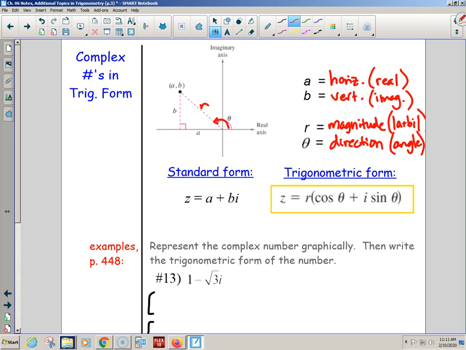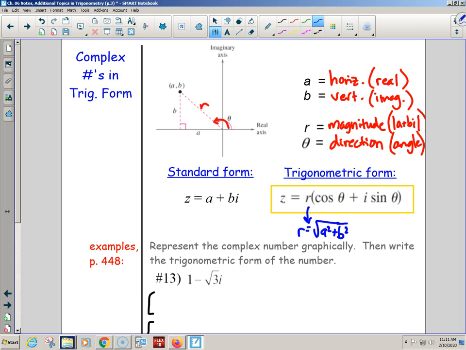But as far as formulas, I mean that's just labeling what everything is. As far as formulas, well, okay, if we need R, we can always use that square root of a squared plus b squared, because that's who he is. He's that diagonal length, aka magnitude.